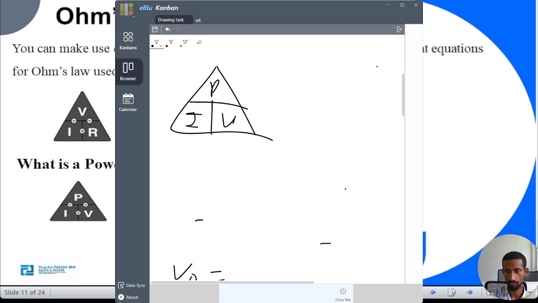As I told you before, in the vertical arrangement, this is division. And in the horizontal relation, it is multiplication.